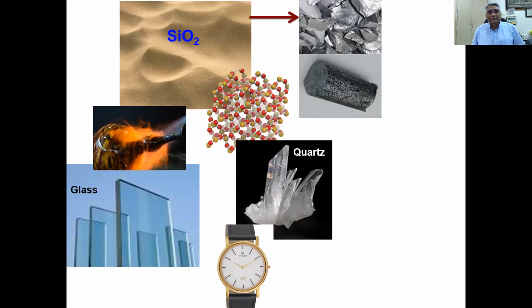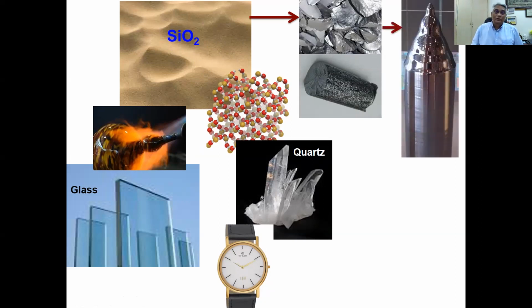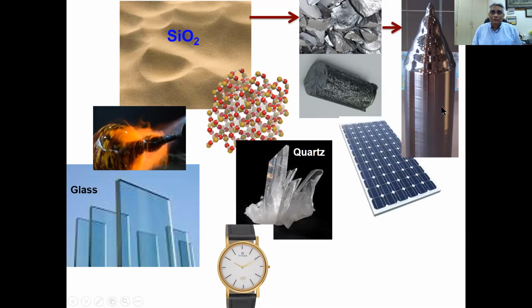And again, from SiO2, you get silicon as a raw material for making crystals. And you can also dope these silicon crystals into a p-type silicon and an n-type silicon by boron, phosphorus, nitrogen doping, and of course all that goes into making your solar panel, right? The photovoltaic stack.